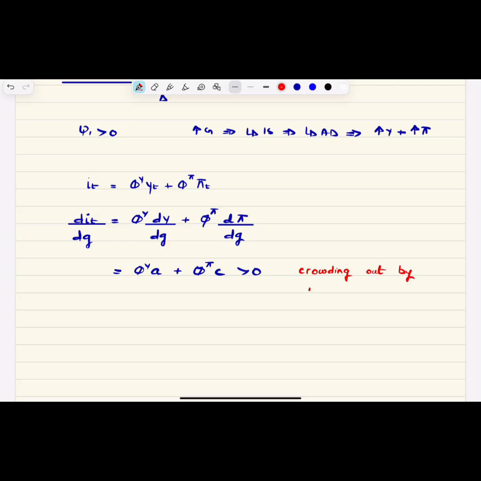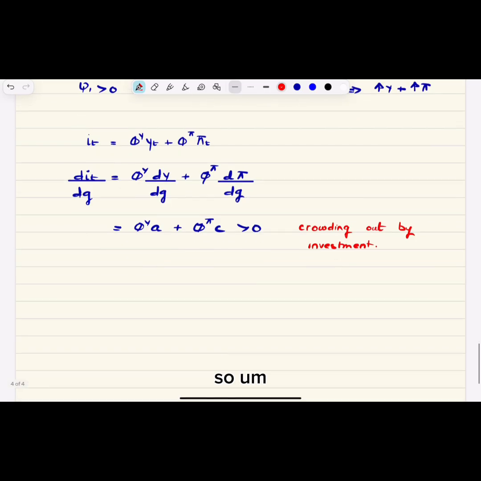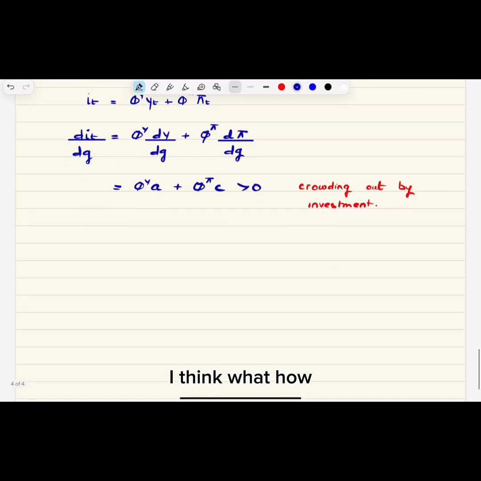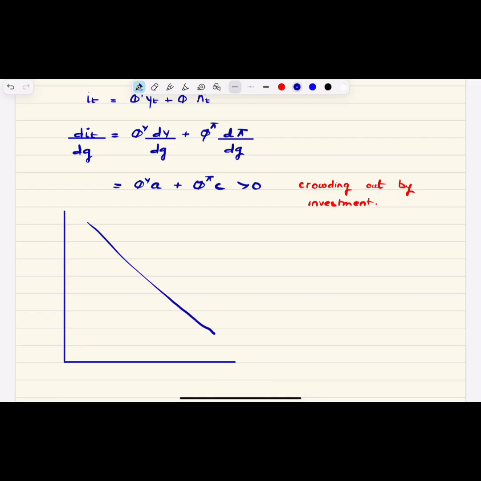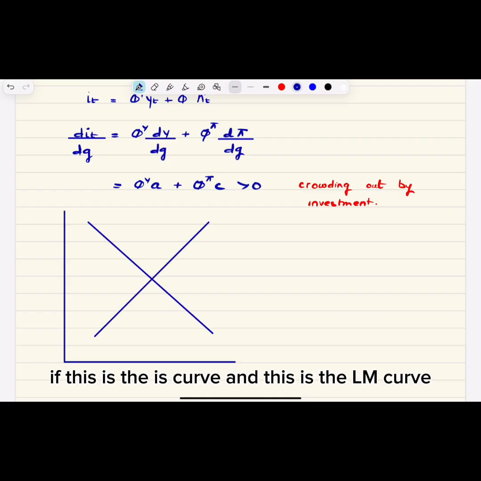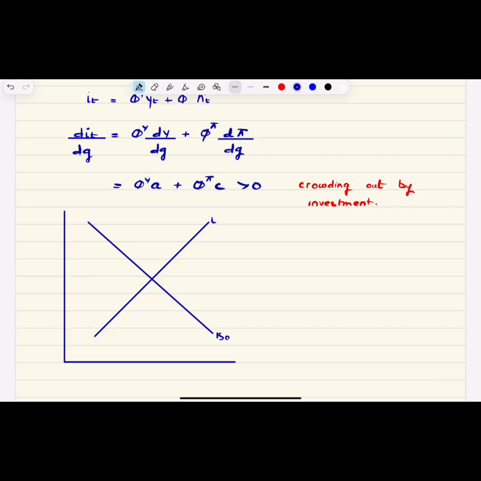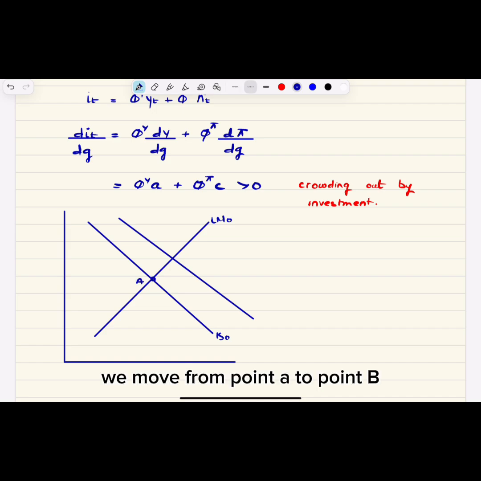The visualization we can give ourselves is that if this is the IS curve and this is the LM curve, and the IS curve shifts to the right, we move from point A to point B and then to point C, where this rise in the interest rate is the crowding out.